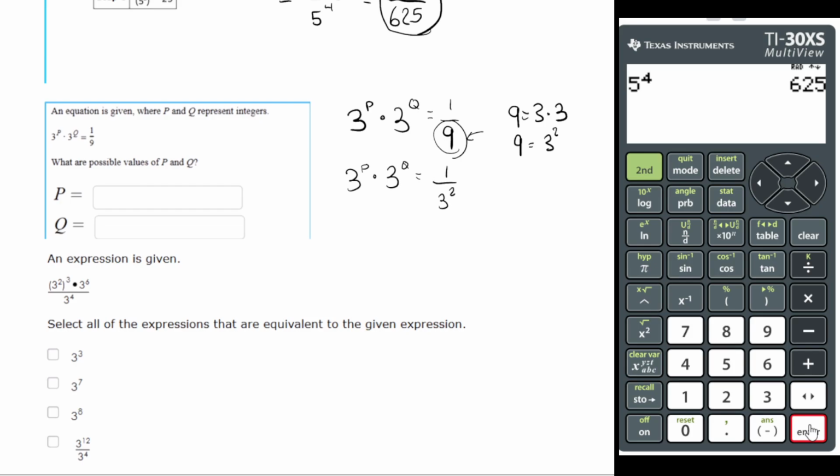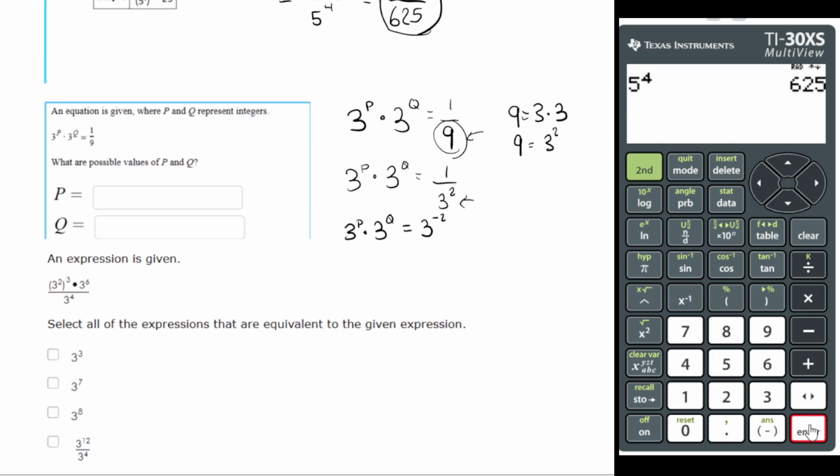And then you could use the negative exponent rule to get this out of the denominator. You're going to move it to the numerator and make the exponent negative. So 3 to the negative 2.